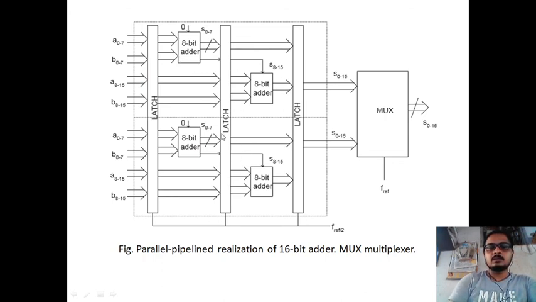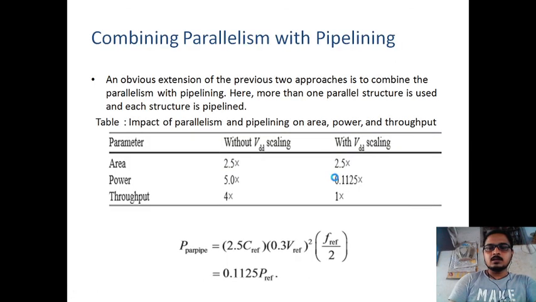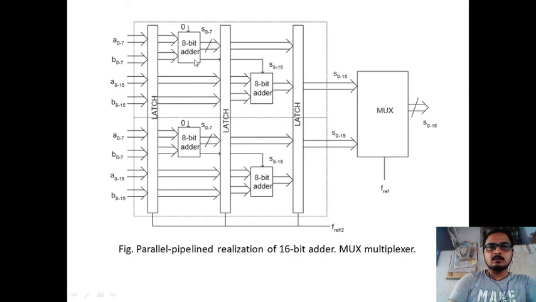That's why it is the combination of parallel pipeline architecture. This is the architecture for parallel pipeline. See here, this is the pipeline architecture: 8-bit adder followed by 8-bit adder. Then we add another structure below: another 8-bit adder followed by an 8-bit adder.